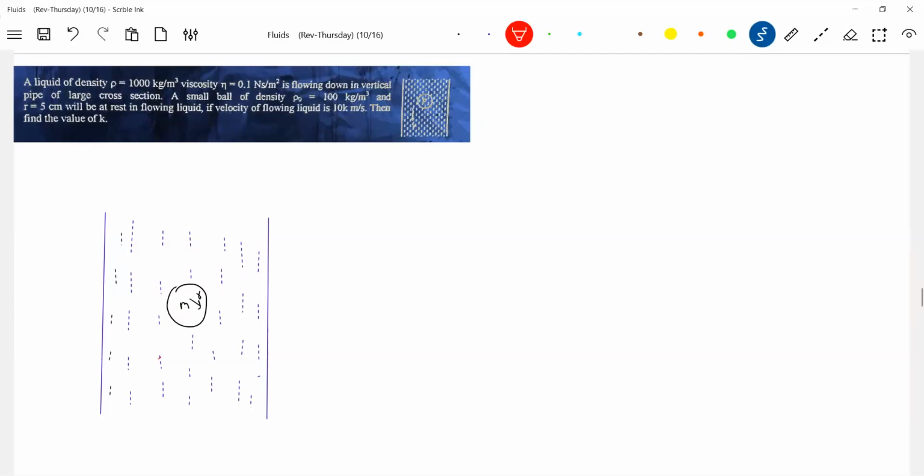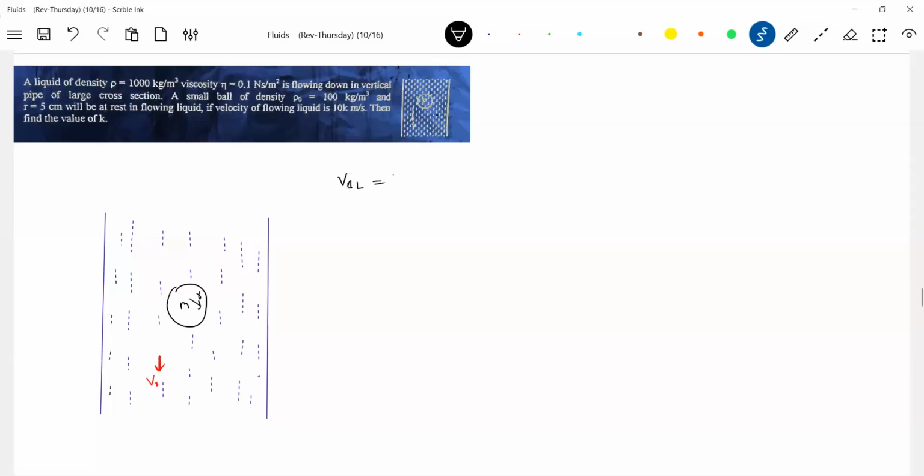Okay, now velocity of liquid is given, V naught. This pipe is fixed, so the ball will be at rest in the flowing liquid. So I'll begin like this.